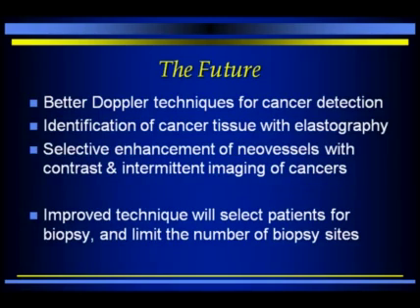The future, however, we hope holds better Doppler techniques for cancer detection, identification of cancer tissue with elastography, and perhaps selective enhancement of the neovessels with contrast-enhanced intermittent imaging, and then improved biopsy techniques based upon these improved imaging techniques, which will limit the number of biopsy sites and find more of the clinically significant high-volume, high-grade tumors.